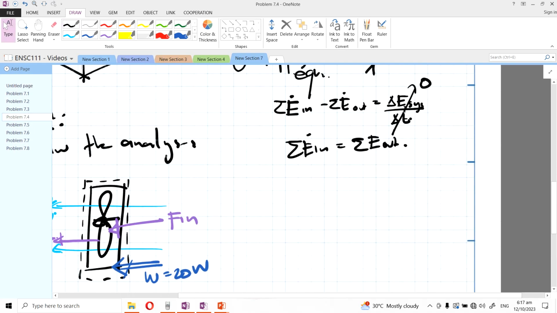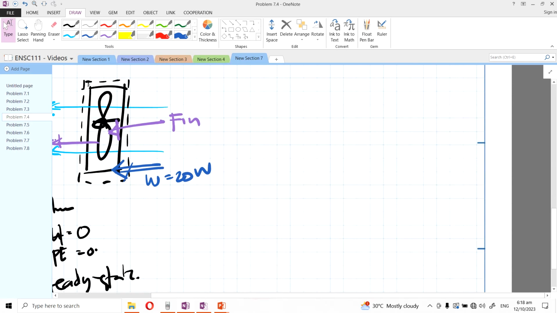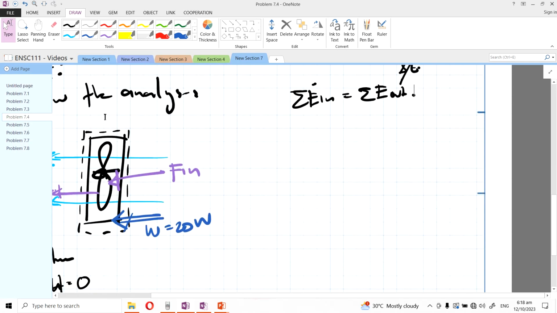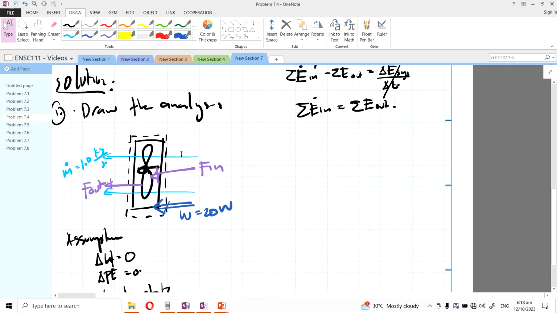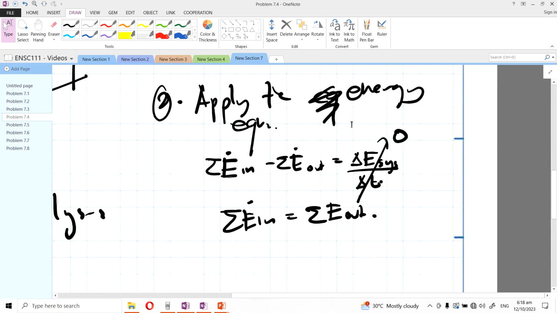Because of this steady state assumption, whether you choose the fan as your system or the airflow that passes through the fan, it's going to be the same, because this right side term is actually 0.